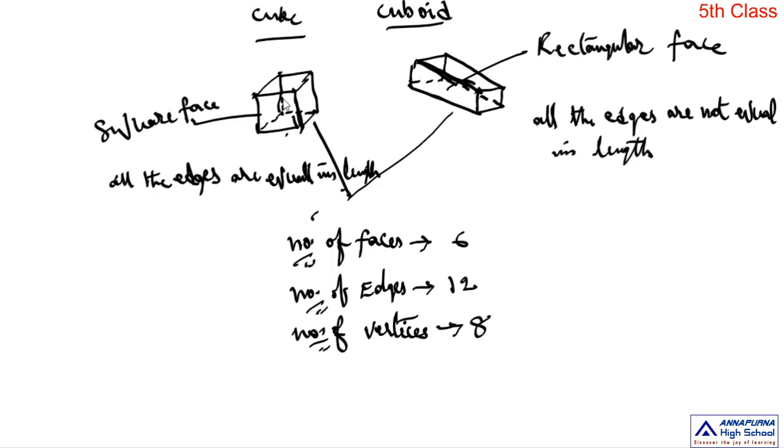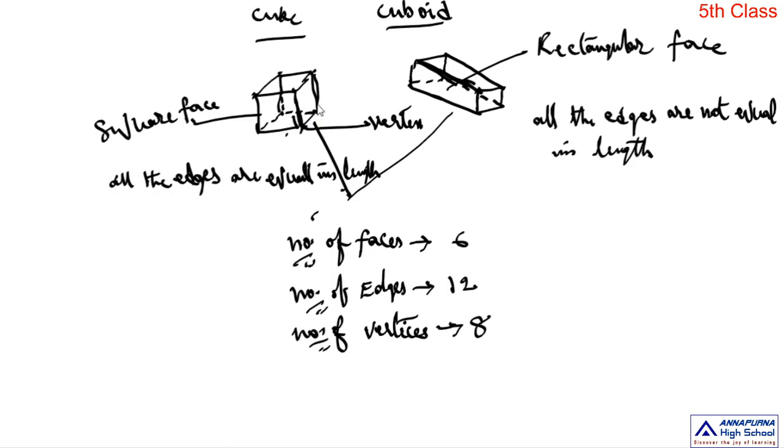Did you understand? 8 vertices. Let me explain again. This is the edge of this face, and this is also the edge of this face. These two edges are meeting at this point, so it is called a vertex. Like that, these two faces, this one and this one, this is the edge of this face and also the edge of this face.